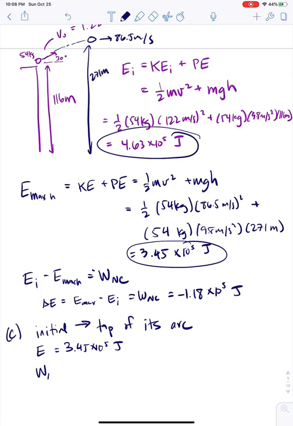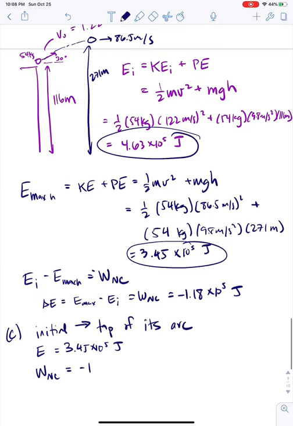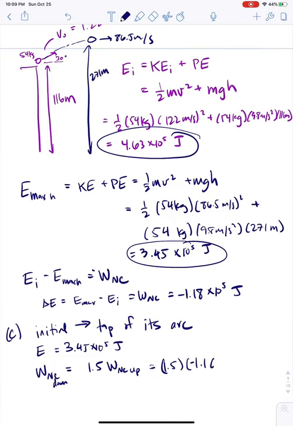And we know that our work non-conserved on the way down is negative 1.5 times non-conserved on the way up, which is not negative there, 1.5 times that. All right, which is 1.5 times 1.18 times 10 to the 5th joules.